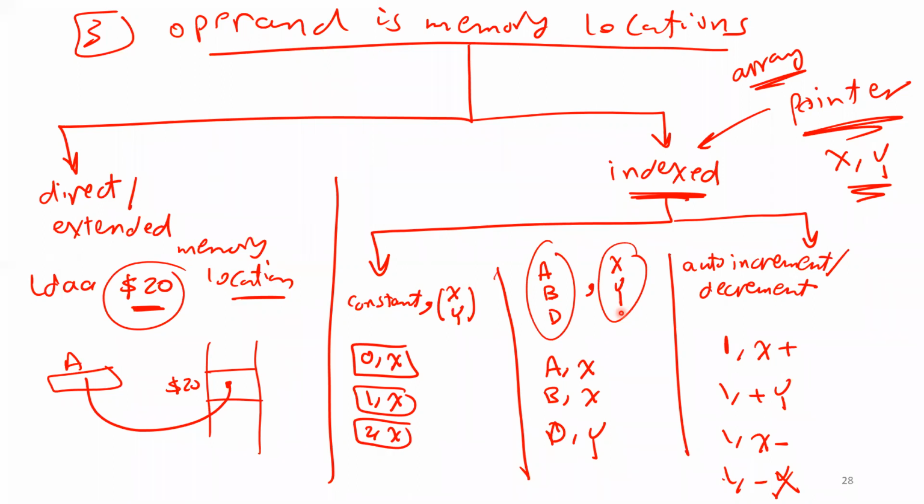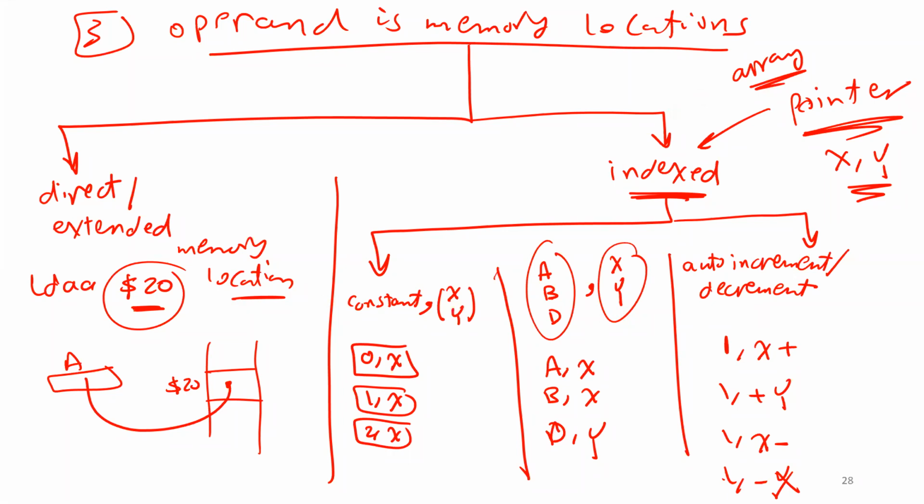You can represent the number in any number system, but you have to put the proper prefix, as I said before: percent, dollar sign, and so on. This is number one. Number two, if your operands are registers, you can just use the name of the registers.